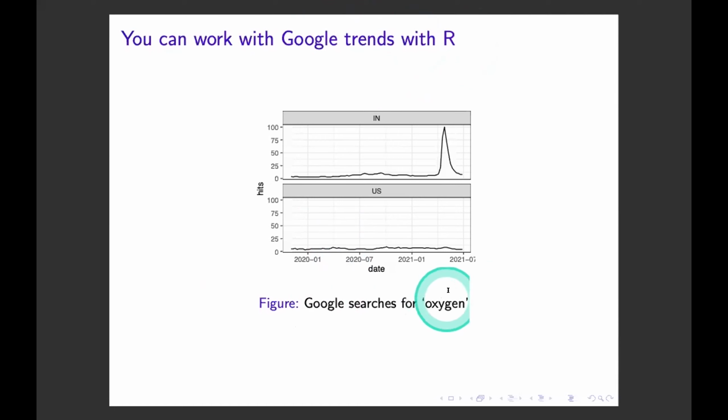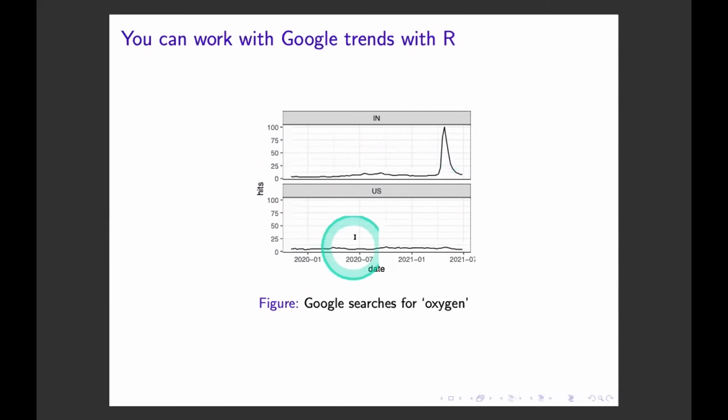So this is Google searches for oxygen in India and the US. I took the US as a comparison, from 2020 to say August 2021. The line is flat, right? And now look at India. You get this slight rise, and then in the second wave, we all saw the horrific images.